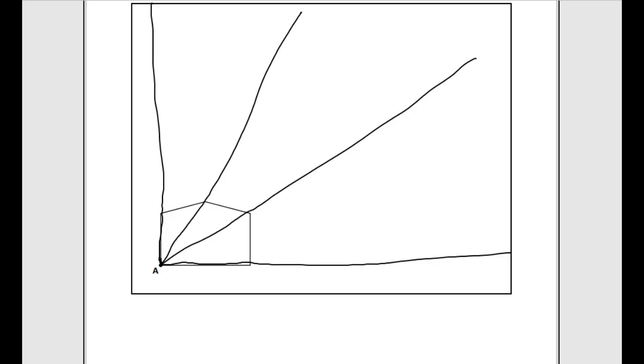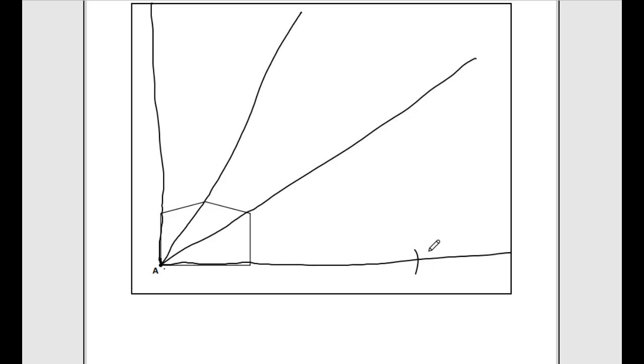So what you do then is you measure the distance from here to here, and then you multiply it by 3. Remember, it's a scale factor 3. So when you've worked out 3 times that distance, then you measure that distance from A out to somewhere around here. You can use a compass to put in an arc here that would be 3 times the distance.